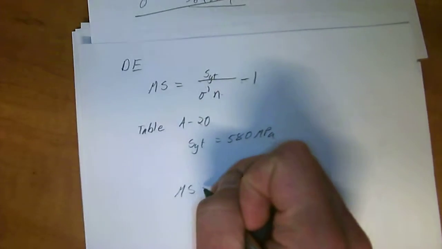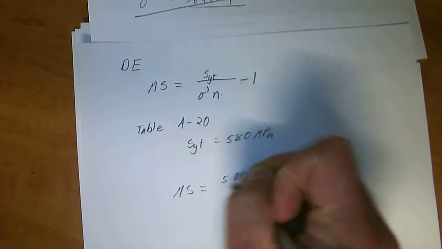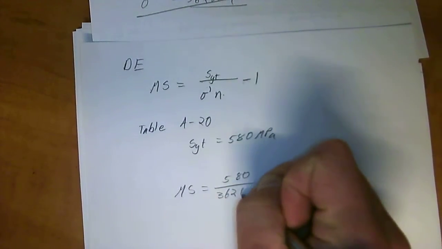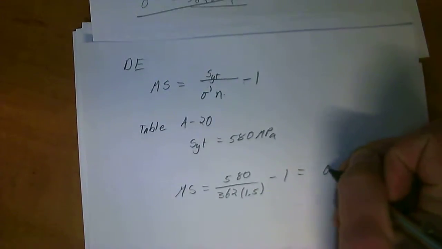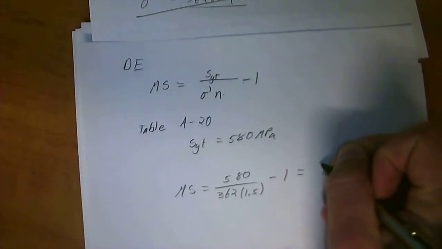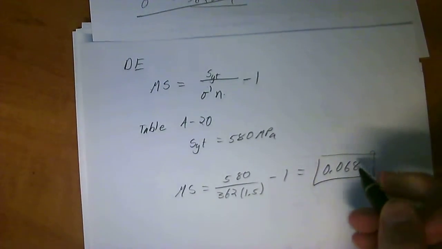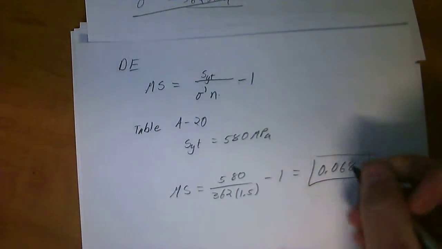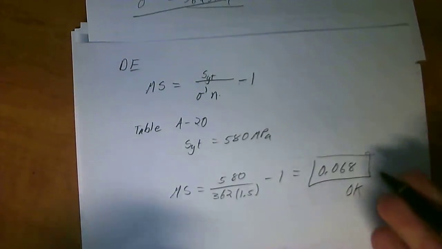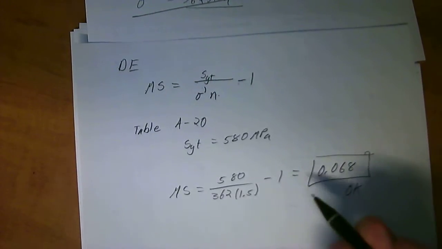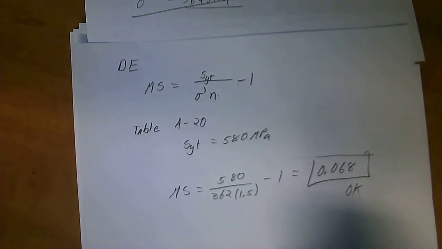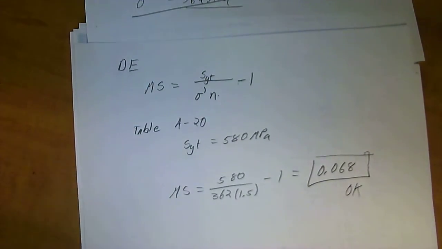So MS is going to equal 580 all over 362 times 1.5, which is our factor of safety, minus 1, which is equal to 0.068. That is our margin of safety, which is just barely, but it's okay. So our system meets the requirements that we wanted to, but this margin of safety is actually pretty small. You want it higher if you're actually designing something. Alrighty then, so that's how you analyze a power screw.